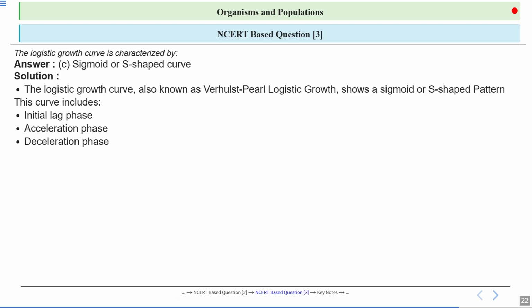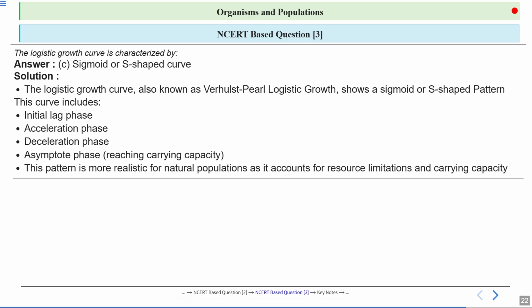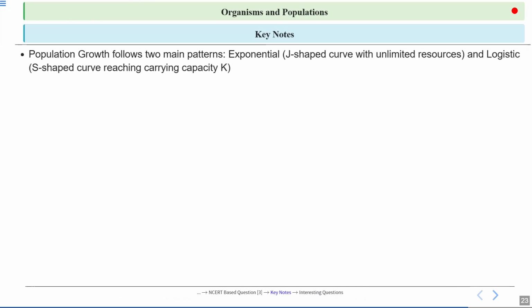Here the population is approaching carrying capacity and resources have become limited, so growth slows down. Then you get the asymptote phase, where the population stabilizes as the carrying capacity has been achieved. This pattern is more realistic for natural populations as it accounts for resource limitation and carrying capacity.